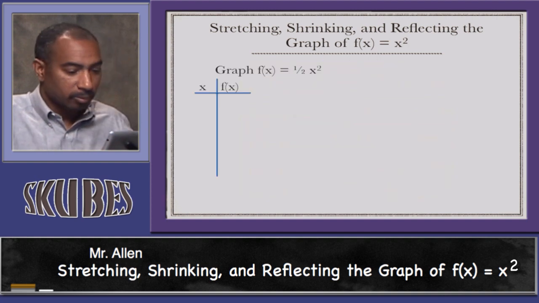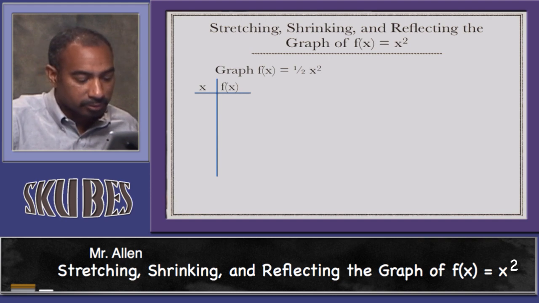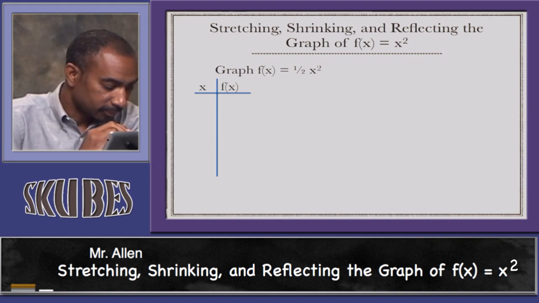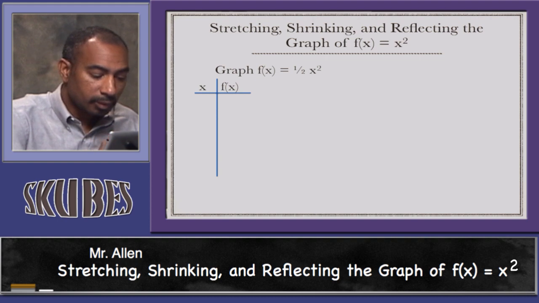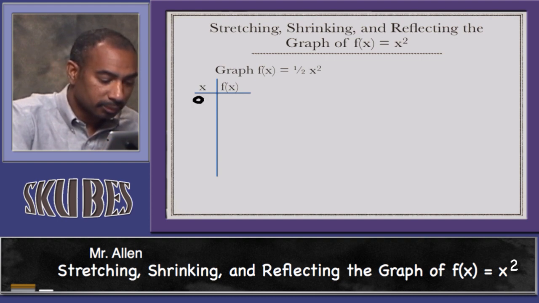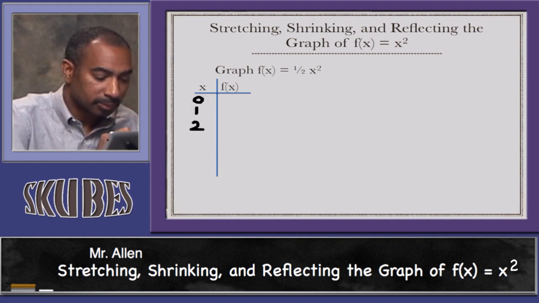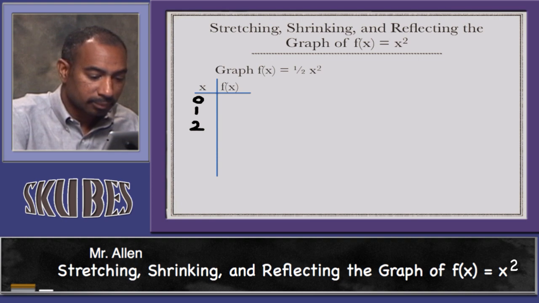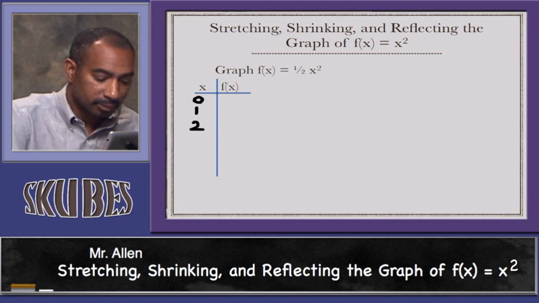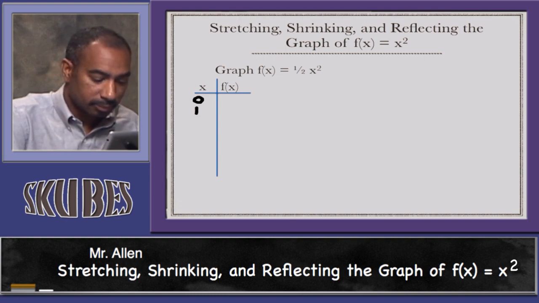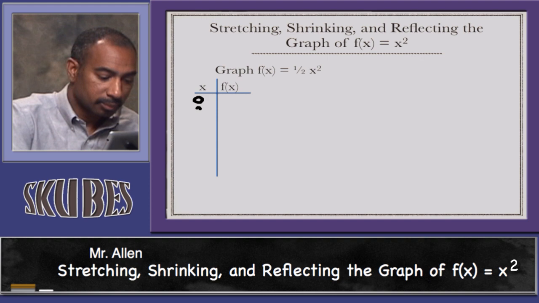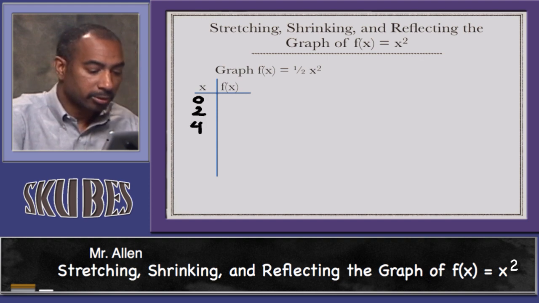Okay, the 1/2. F of x equals 1/2 times x squared. All right, let's try 0, 1, and 2. Or actually, I'm going to keep it even. Let's try 0, 2, 4.